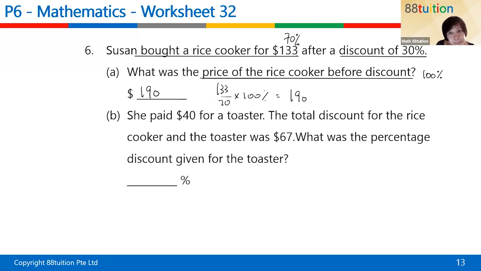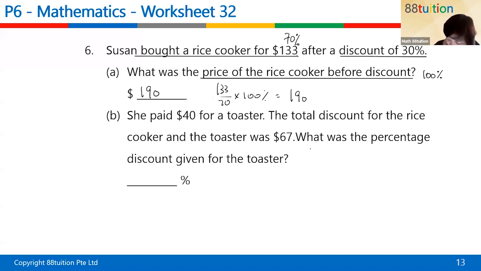Okay? She paid the $40 for the toaster and the total discount for the rice cooker. So that means the rice cooker, we have not yet found the discount. So the total discount was 67. So we must find the rice cooker discount first. Let's take a look.